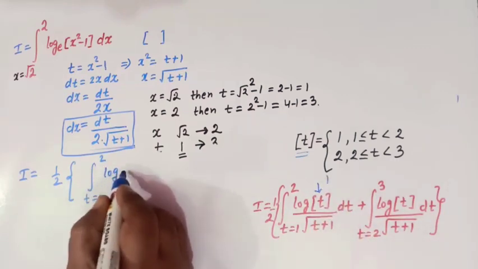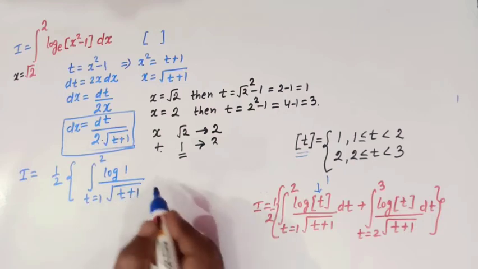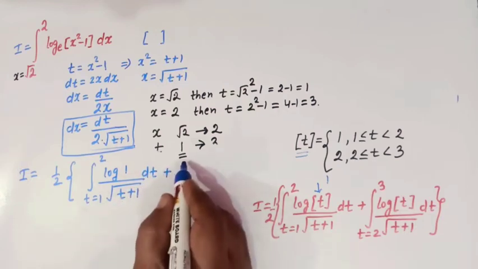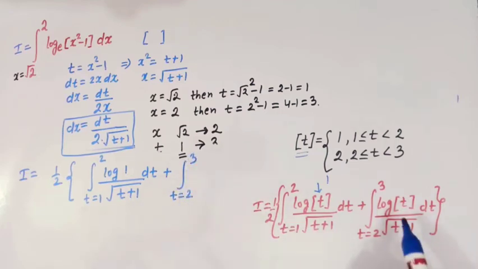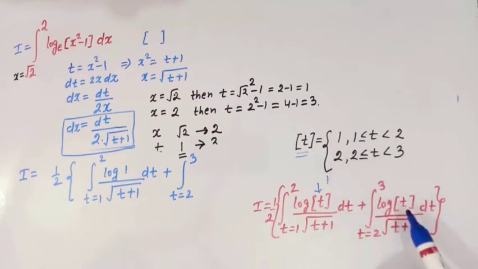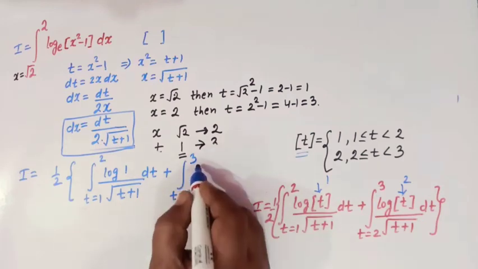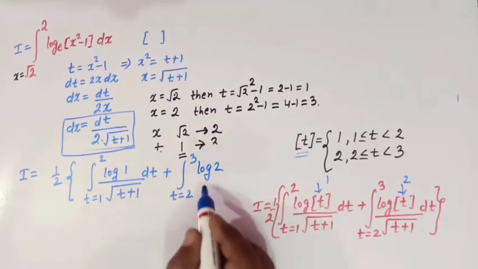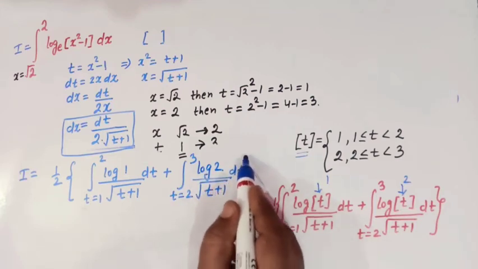So here we have log of 1 divided by square root of t plus 1 dt, plus the second integral from t equals 2 to 3, and the value of greatest integer t is equal to 2 when t lies between 2 and 3. So here we'll substitute 2 for greatest integer t. Okay, so now we have log of 2 divided by square root of t plus 1 dt.